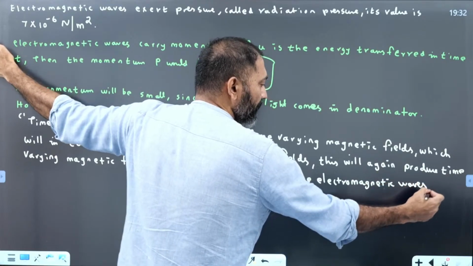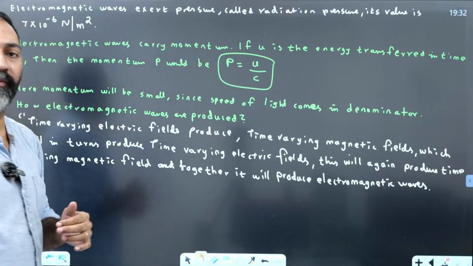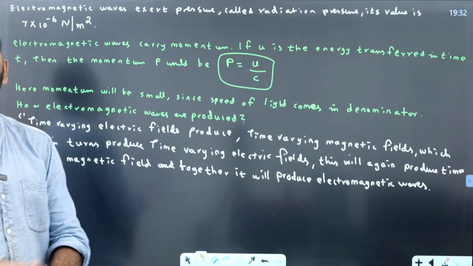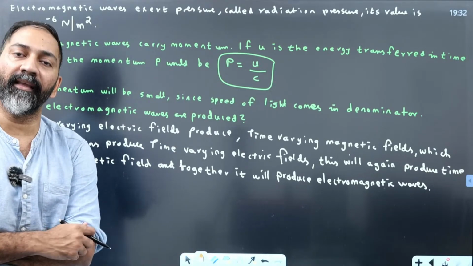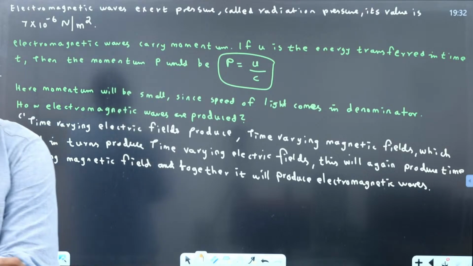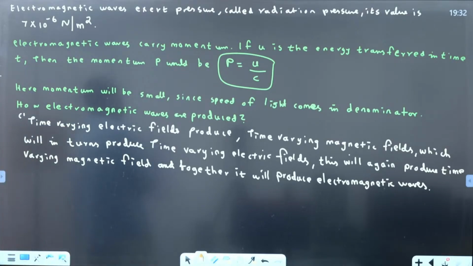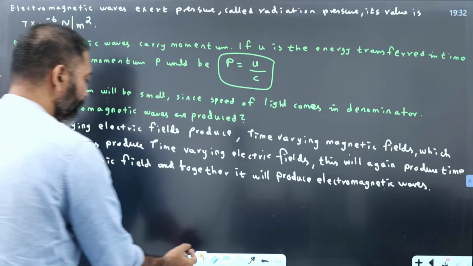So remember, time varying electric fields will produce time varying magnetic fields. That will produce what? Time varying electric field. Again, that will produce what? Time varying magnetic field. And together there will be what? Electromagnetic waves.